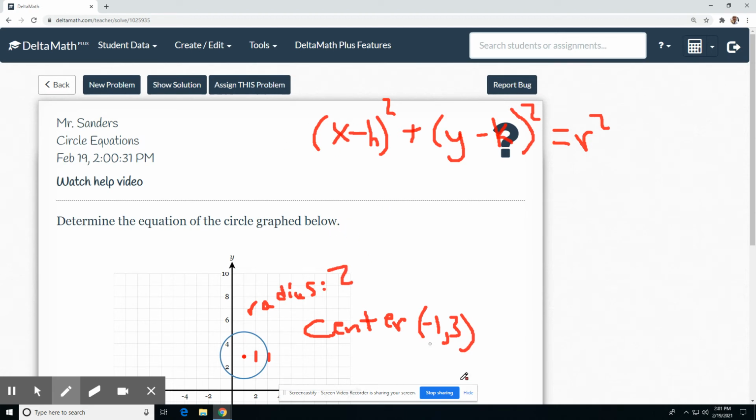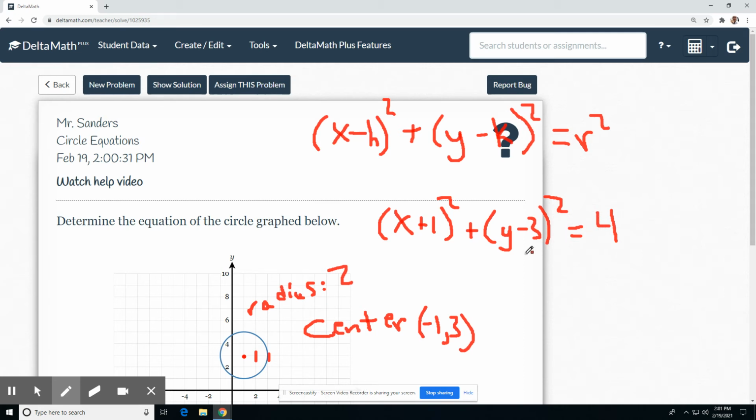And then if you want, you can use my trick of just the opposites as you plug them in. So that would be x. The opposite of -1 is +1. The opposite of 3 is -3. Radius is 2. Square it is 4.